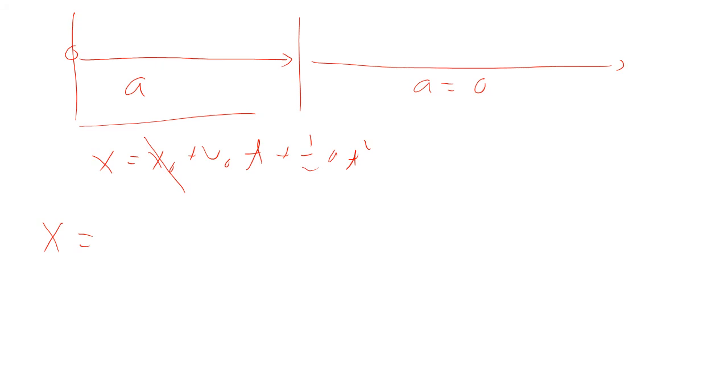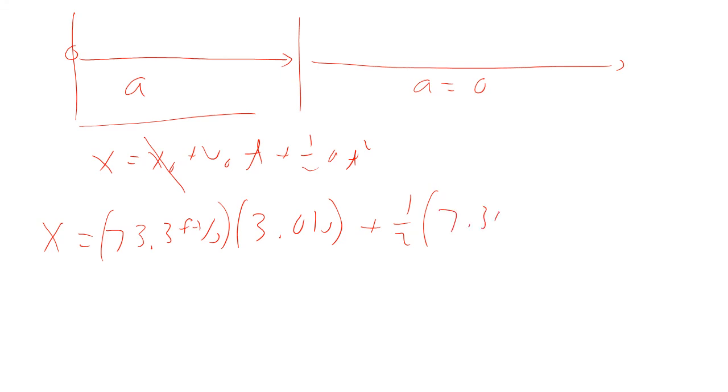The initial velocity was 73.3 feet per second, and it went for 3.01 seconds while it's accelerating, plus 1/2 times 7.3 feet per second squared times 3.01 seconds squared. And so that first distance, we can call this x1, is going to be 254 feet.